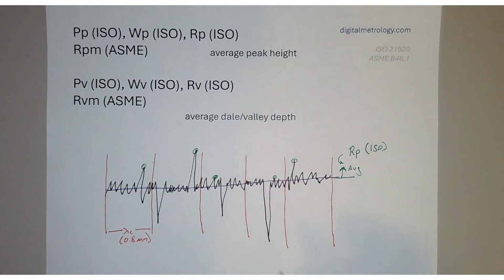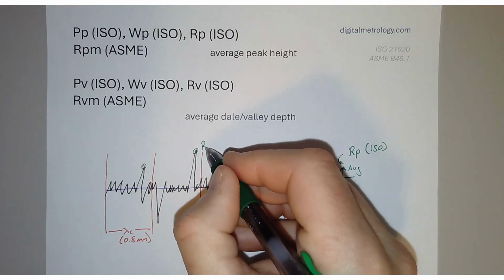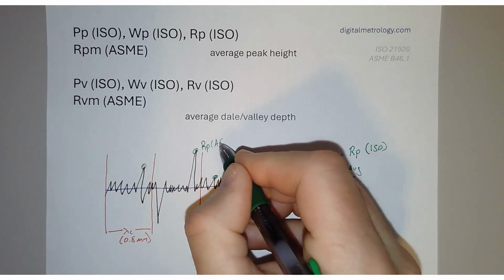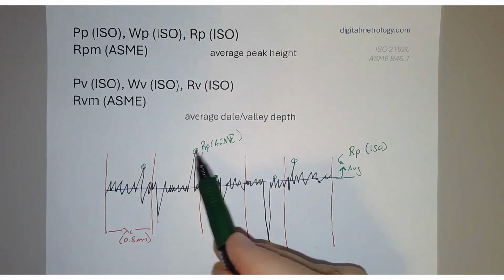Now, in the American standards, the entire evaluation length is treated as the parameter calculation. So RP in the American standard would look for the highest peak, according to ASME, as RP.